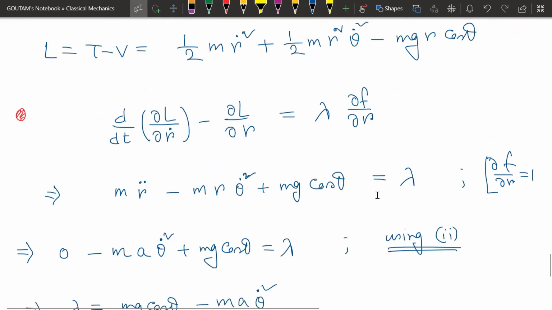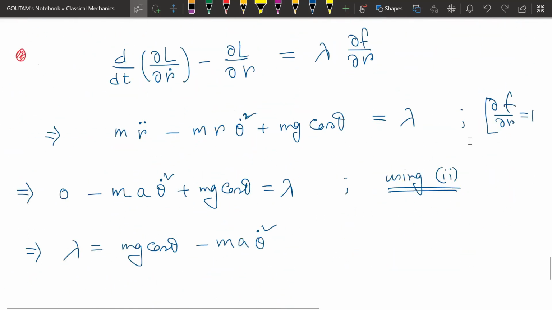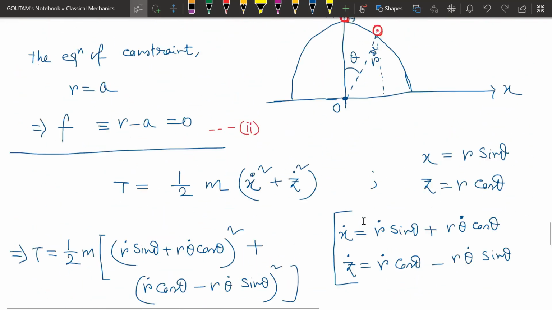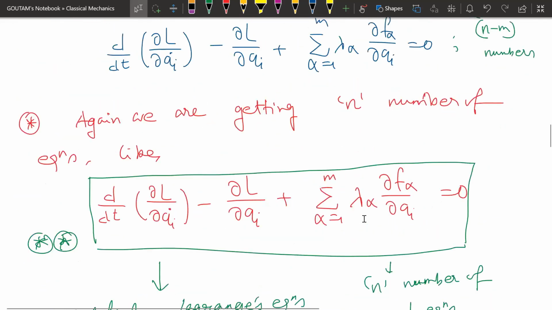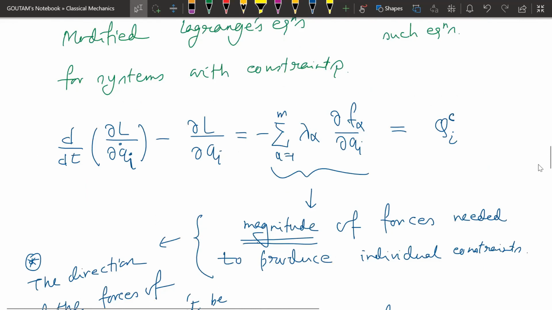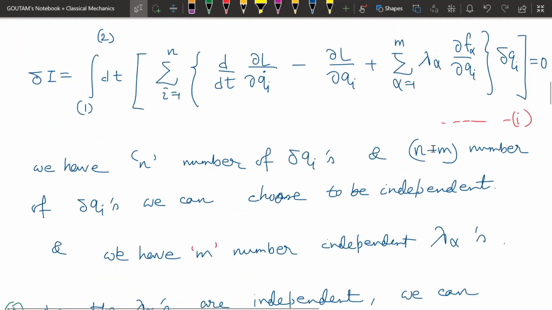So remember, we will only use this constraint equation after getting this Lagrange's equation of motion. We cannot use it before that, because we already considered that we will get n number of such equations, and these are not all independent because there are these constraint equations.